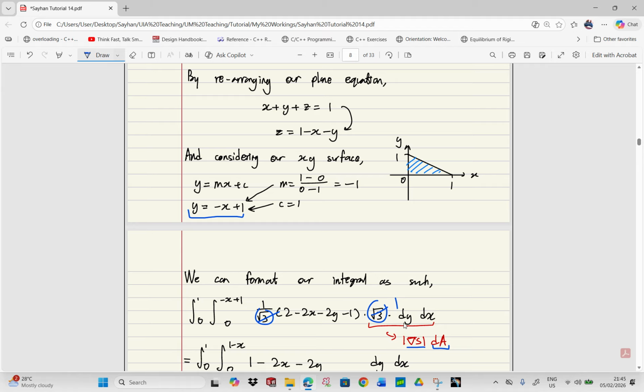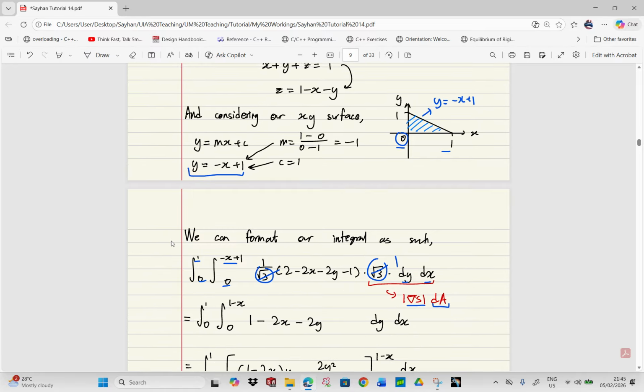Then we set our limits. I set up the limits as dy dx. Our y is between 0 and this line equation, y equals negative x plus 1. This is our contour. And our limits for x are between 0 and 1.